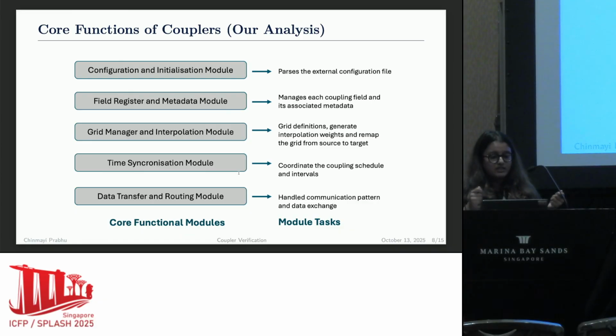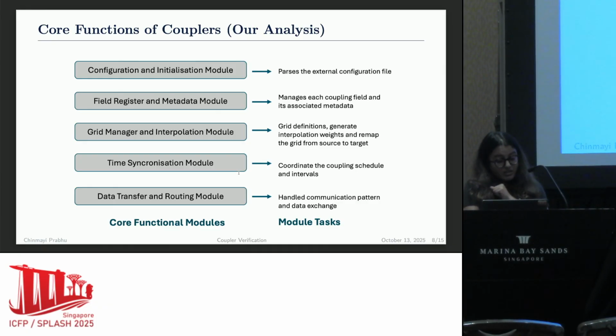All of this data has to be registered for a field. And then you have a grid manager and interpolation module, which defines various grids between the models, and you have to generate the interpolation weights for each other, and then remap the grid. So for instance, if you have atmosphere data flowing to an ocean model, you have to remap the grid from atmosphere to ocean, right? So the coupler is the one doing the interpolation and then remapping the grid.